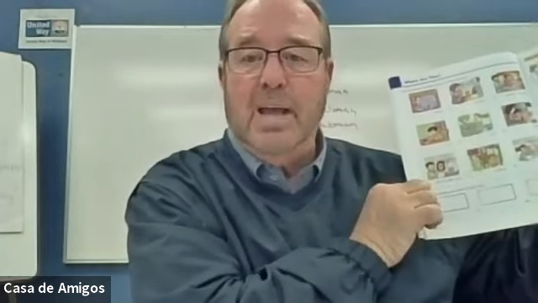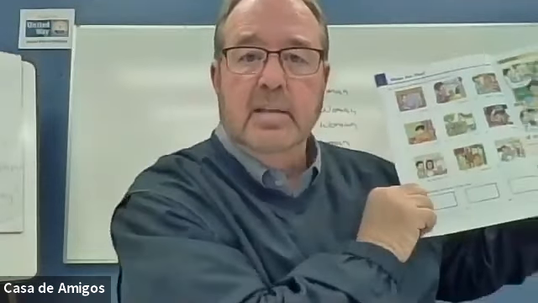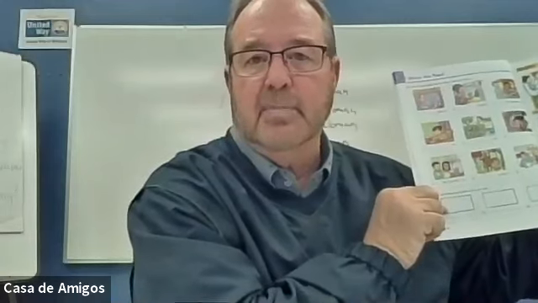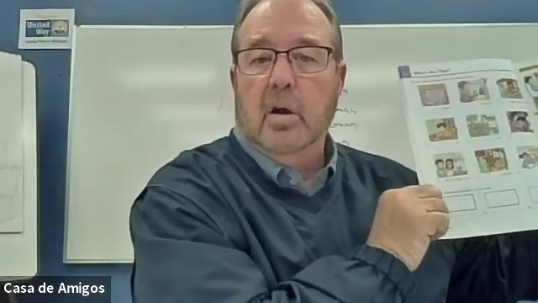Like you might use your family, or you might just make up somebody, but it could be like, where are the children? And the answer would be, the children are at school. Okay, so do that. Pause the recording, do that, and then come back and we'll go over those.